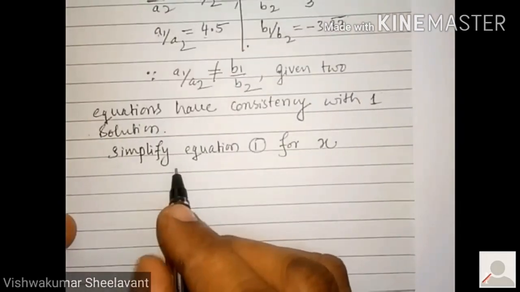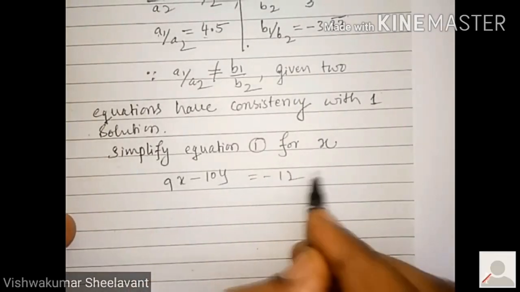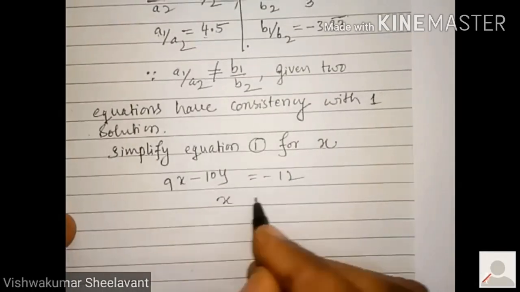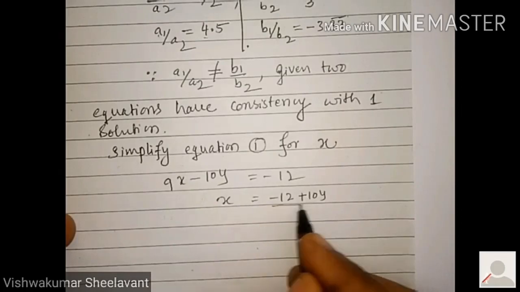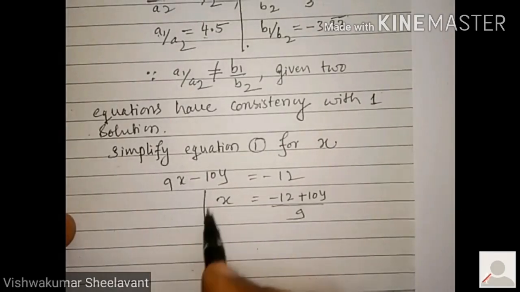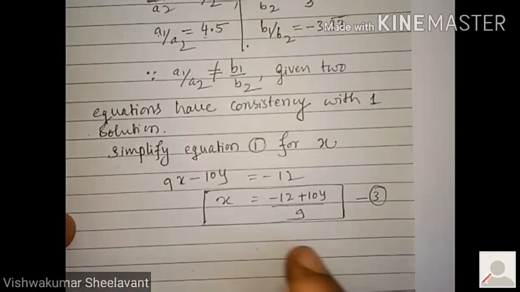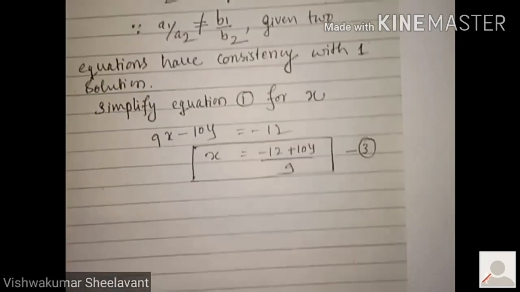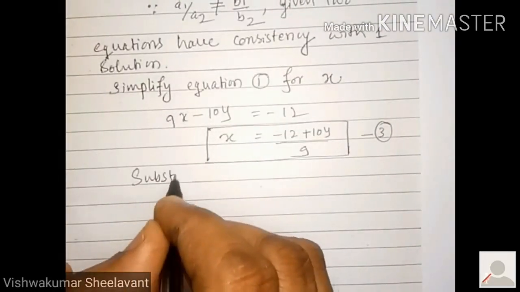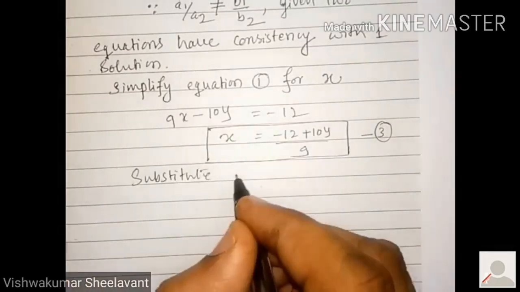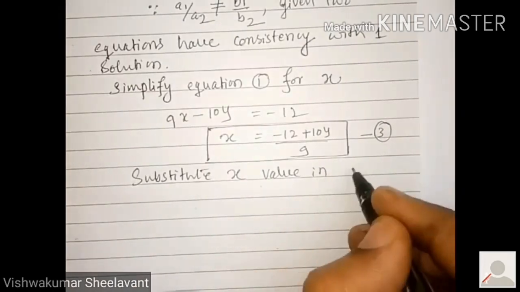That is 9x minus 10y equal to minus 12. x equal to minus 12 plus 10y divided by 9. Call it as 3 because we can use it later on to find the value of x. Substitute x value in which equation? Can anyone tell?